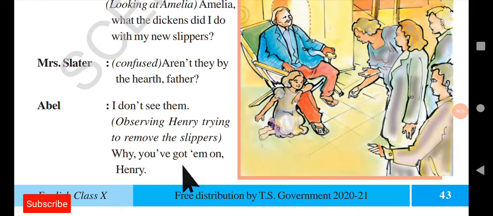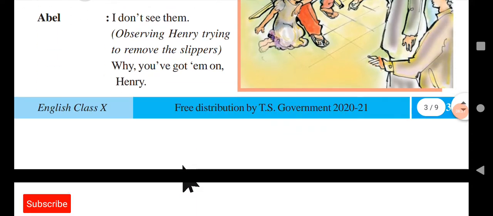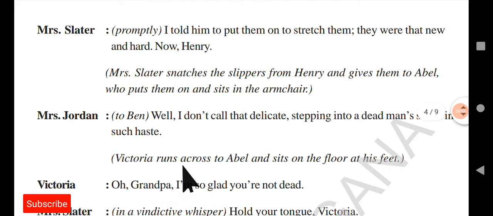When Abel saw that, he asked, "Why did you wear my slippers?" Mrs. Slaughter: "I told him to put them on to stretch them. They were that new and hard."